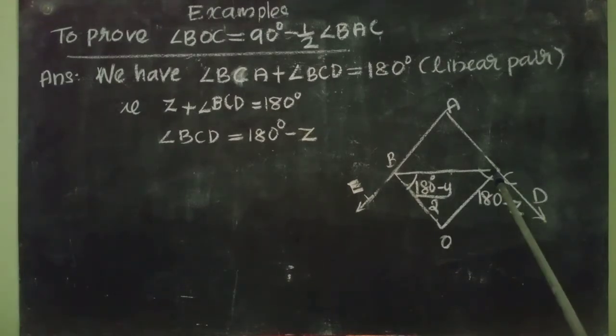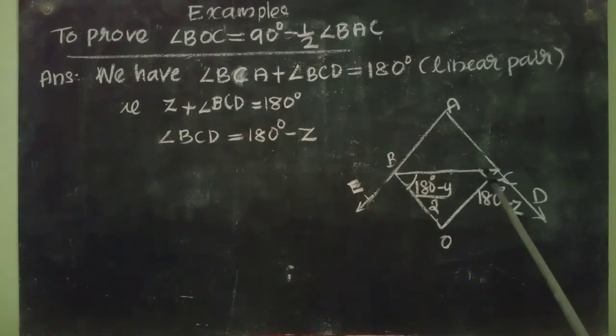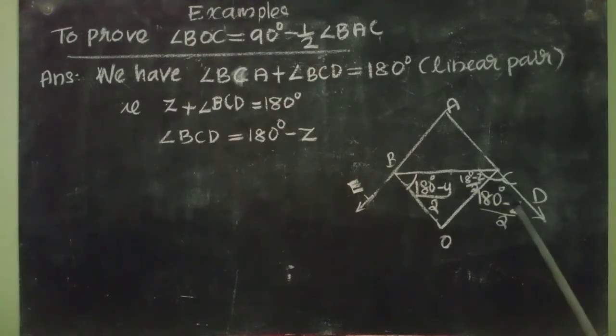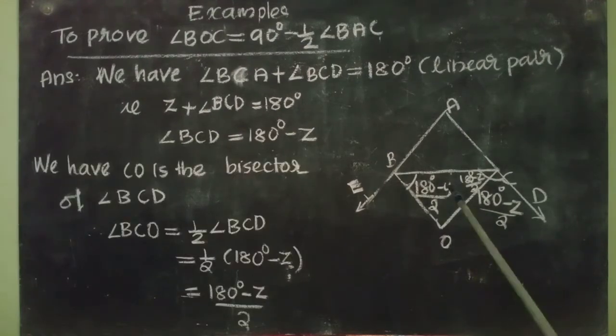Now given in the question, CO is the bisector of angle BCD. So each part formed here will be equal and it is half of this 180 degrees minus Z. So each part will be (180 degrees minus Z) by 2. We need only this upper portion BCO.